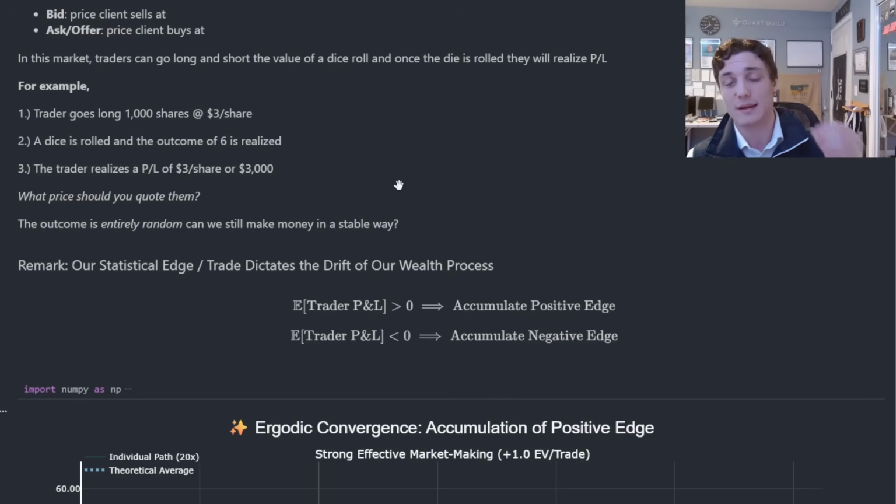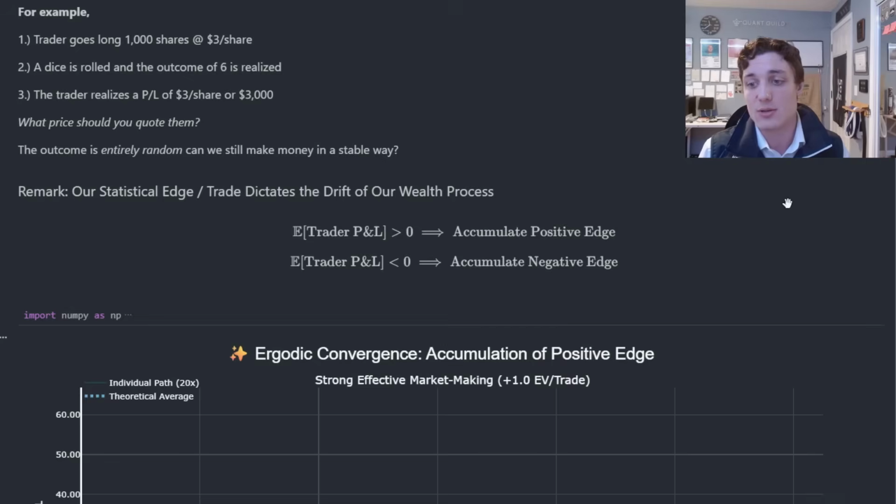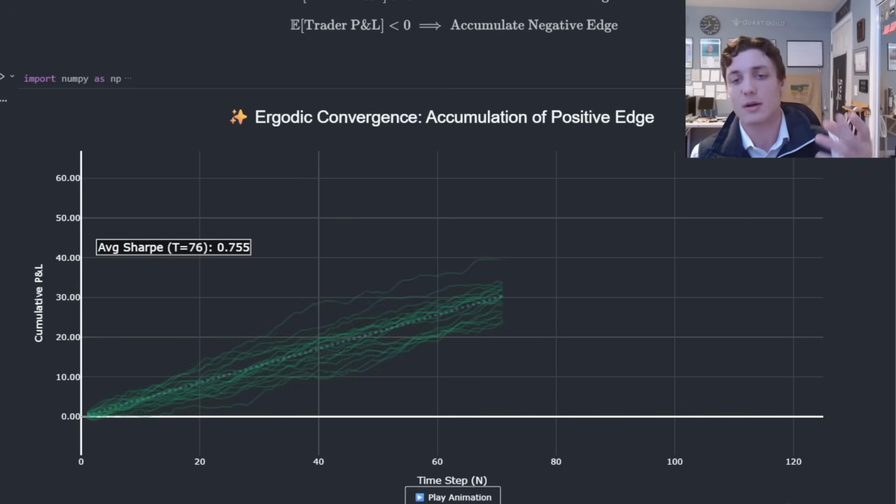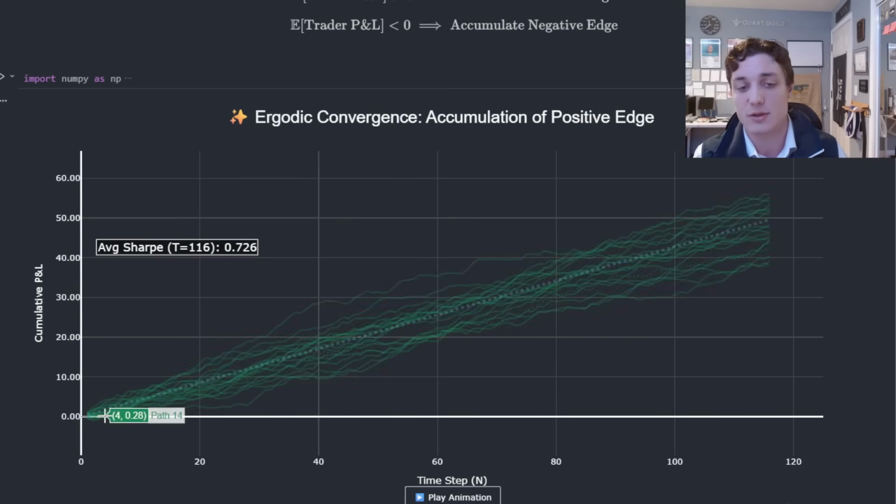That is quite literally the job of a market maker. If they do this effectively, they quote effective prices, then our market maker's wealth path over time should look something like this. They don't get to pick the sample path that they walk, but the overall expected value, or the trajectory of their wealth path, is positive.